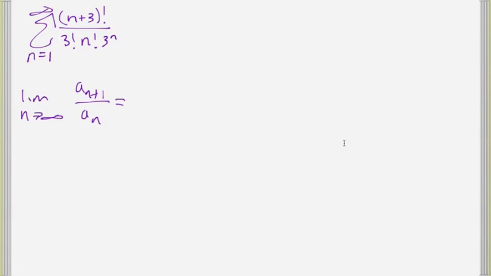So what we're going to do is take this thing and change all the n's to n plus 1s, which is going to make the top of that thing n plus 4, 3 factorial, n plus 1 factorial, 3 to the n plus 1. Over, divided by, leave it alone.